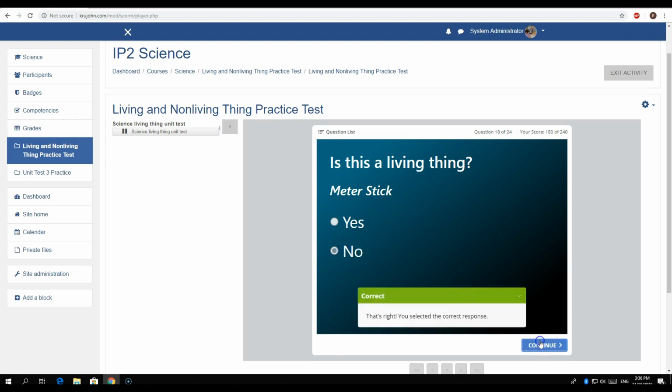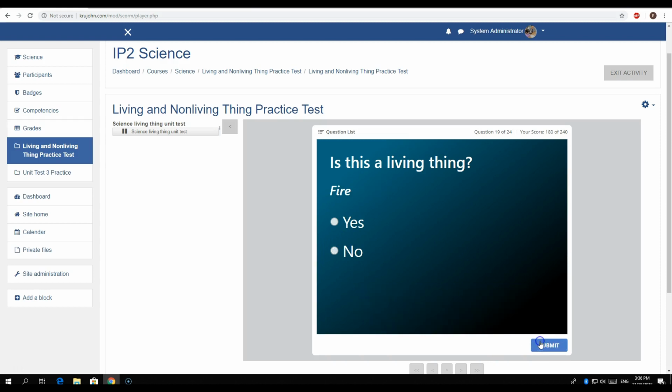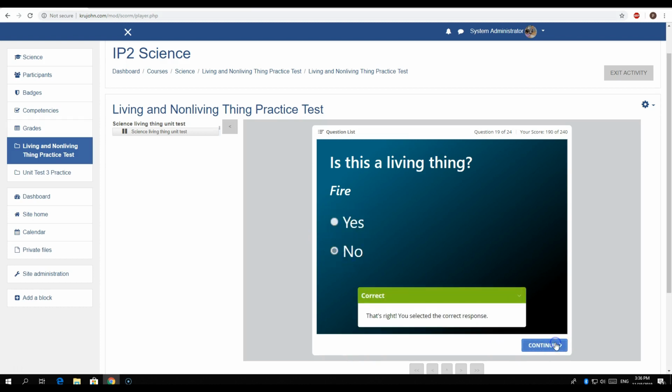No, it's not. It doesn't grow. It doesn't have baby meter sticks. It's not a living thing. Fire, it moves around. It kind of looks like it's alive, but no, it is not a living thing.